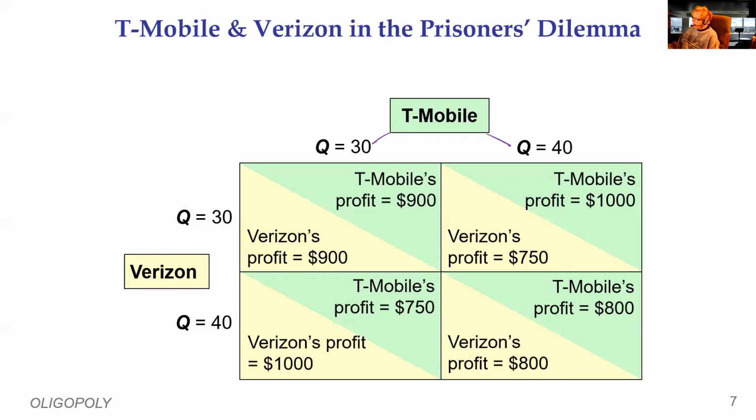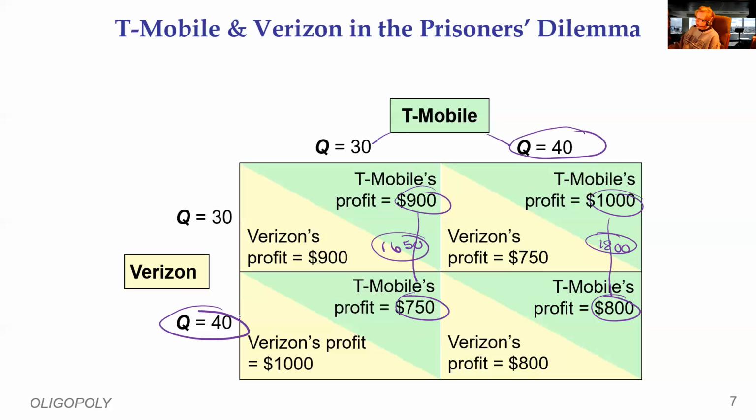We have 900 plus 750, and that's going to be 1,650. Okay. We have 1,000 and we have 800. Add those two together, we get 1,800. 1,800 is better than 1,650. So T-Mobile's dominant strategy is also 40.